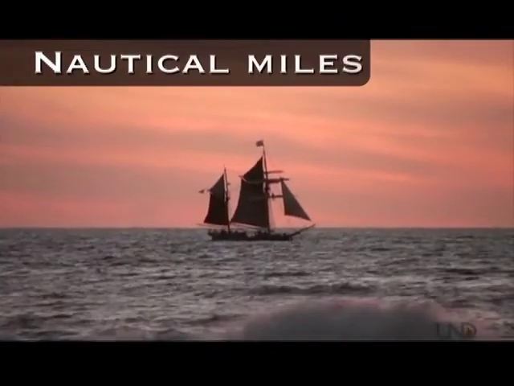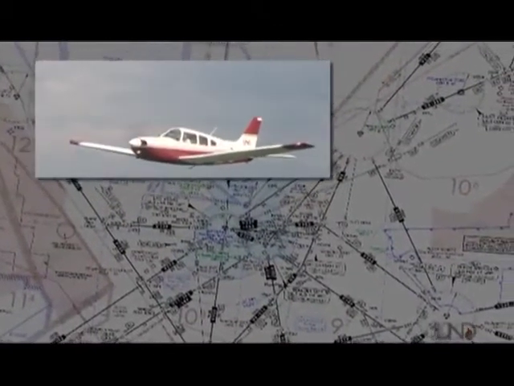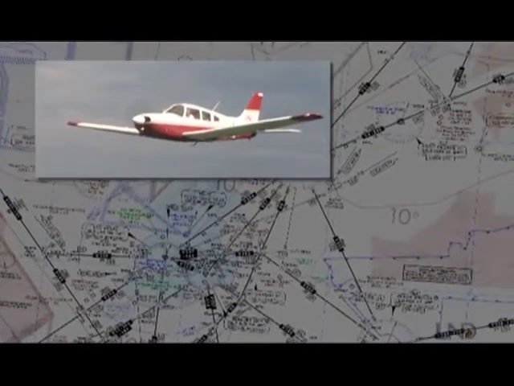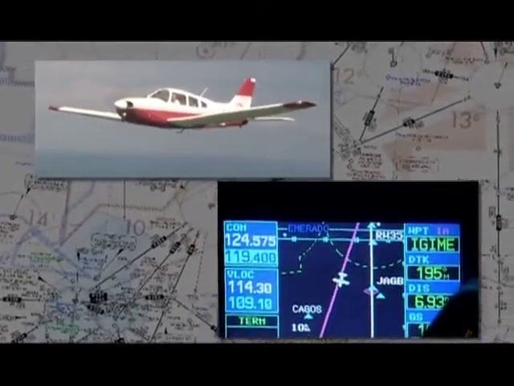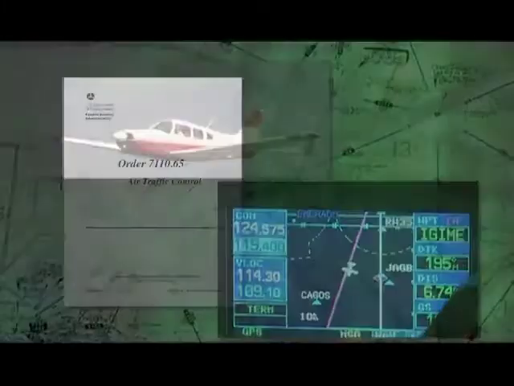A nautical mile is equal to 1 minute of arc of latitude along a meridian, which made it easy for navigators to determine their position on the Earth's surface by using established methods of timekeeping and speed measurement. Since aircraft also measure position relative to the Earth's surface, it made sense to measure distances the same way. New technologies such as GPS and area navigation, or RNAV, are now standard on most aircraft, but the traditional measurements and terminology are still in use.